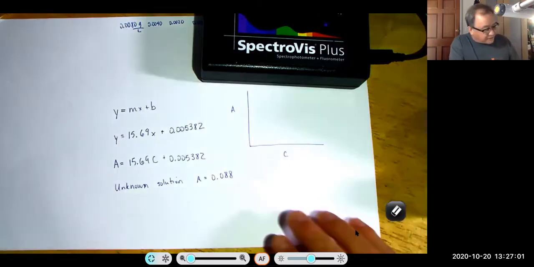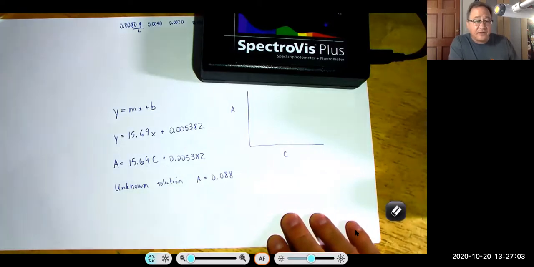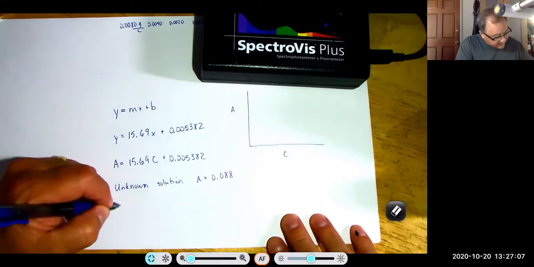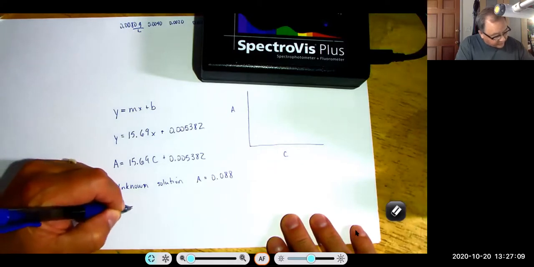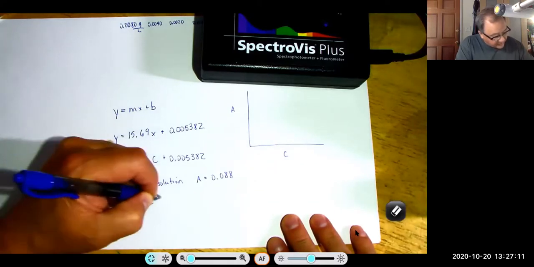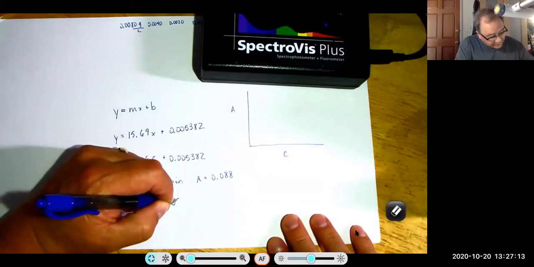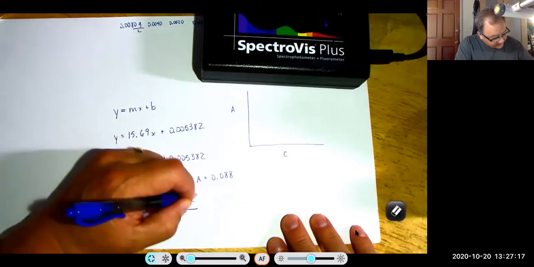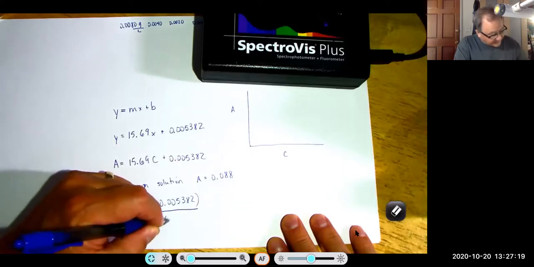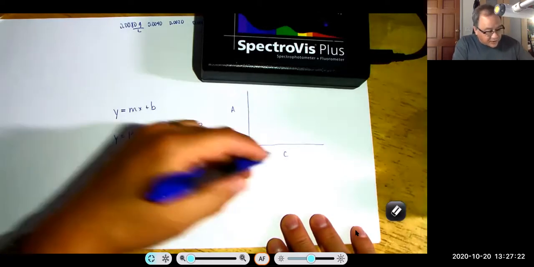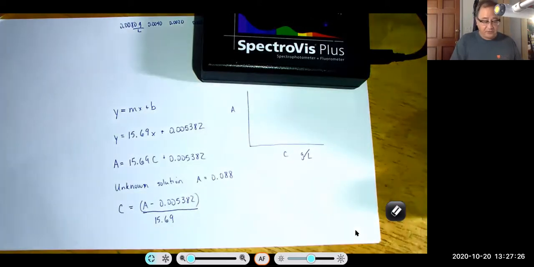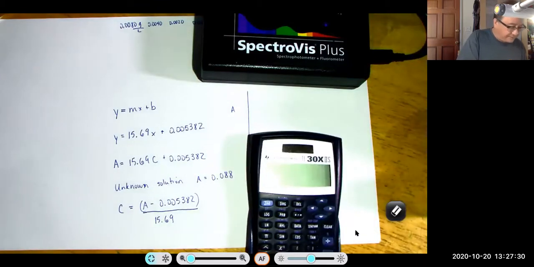So our job now is to calculate the concentration of this unknown solution. And here's how we do it. Concentration will be equal to the absorbance minus 0.005382, and all of this divided by 15.69. And since the concentrations are in grams per liter, our answer will be grams per liter. So let's take a look at what we get for our value.